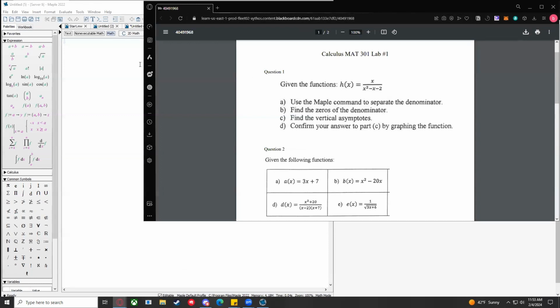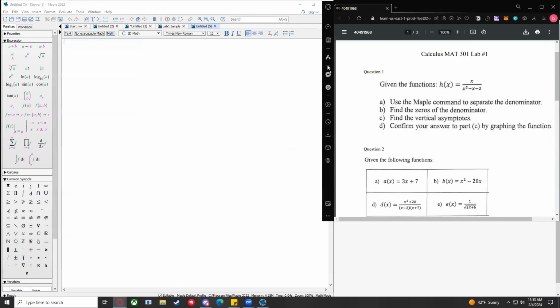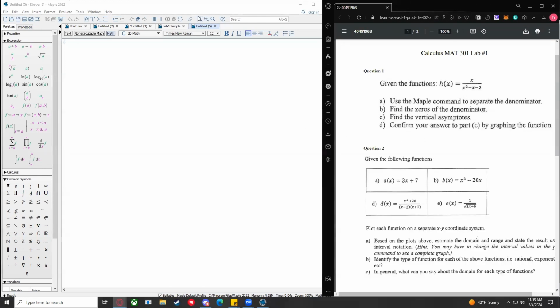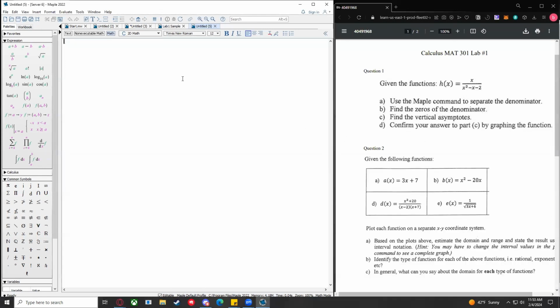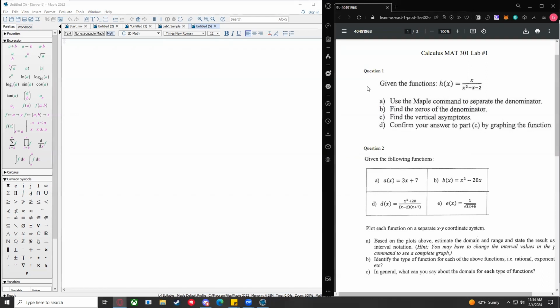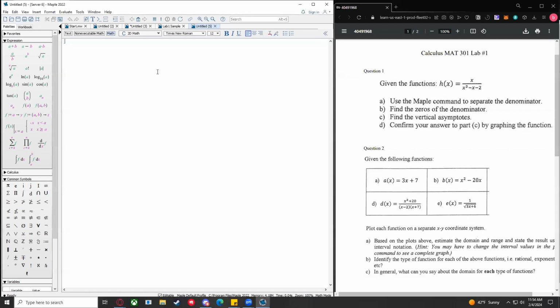So this is the lab itself. And here we see that the lab says, given the function, we want to go ahead and find some stuff, right?